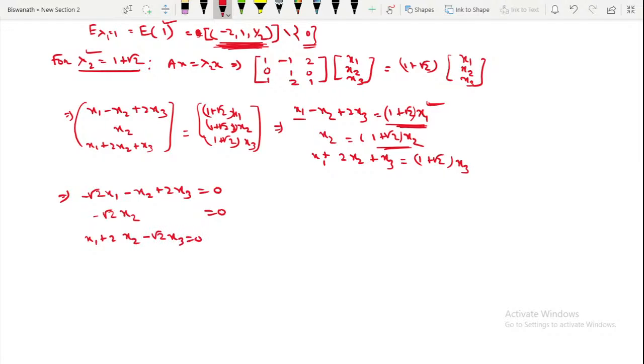So from these three equations, what you got? Here root 2 times x2 equal to 0. This implies your x2 equal to 0. So in these two equations, you just put x2 equal to 0. So it will be minus root 2 x1 plus 2x3 equal to 0. And the third one is x1 minus root 2 x3 equal to 0.